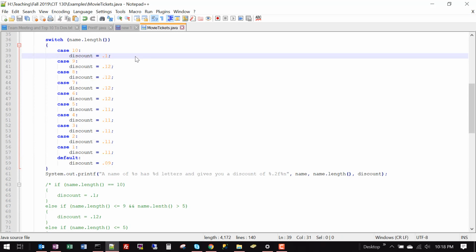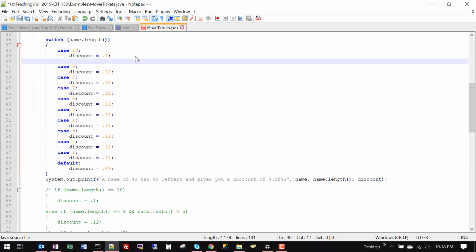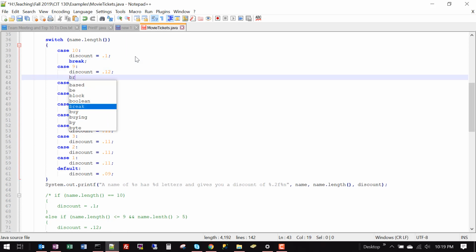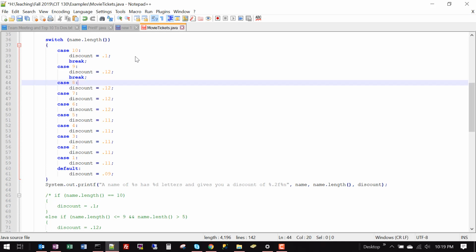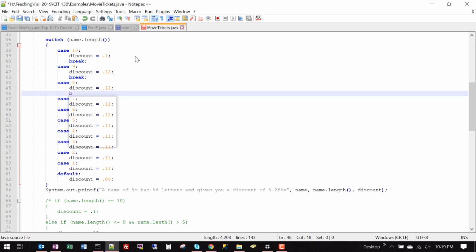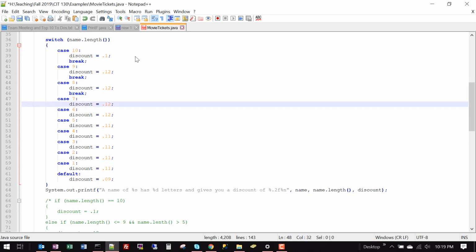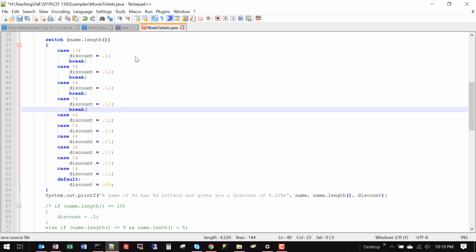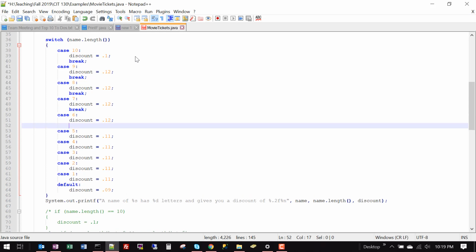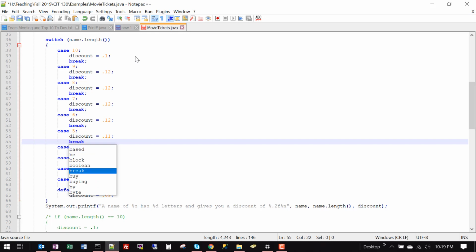So what is customary to do is put in an extra statement called a break statement, which is an execution control statement. What the break statement does is it says exit the current block.